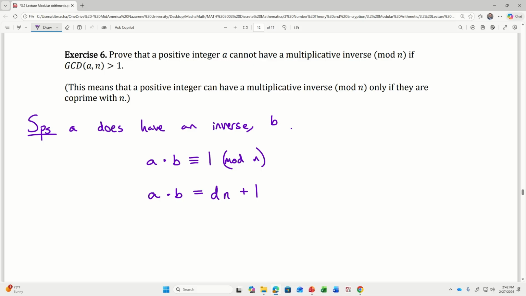Because what the modulus is doing is saying we're subtracting some integer multiple of n, so that we can get it reduced to the least positive integer. And so if I add some multiple of n here, now this is no longer just a congruence, but really equality: a times b is equal to d times n plus 1.